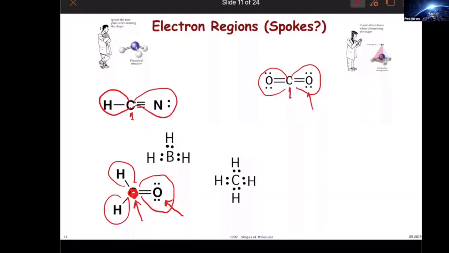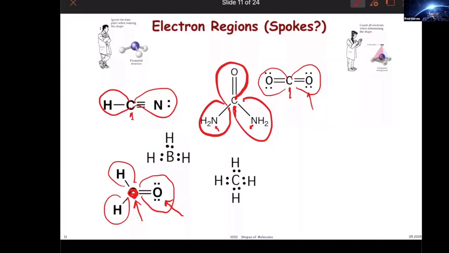It's always the central atom that dictates the geometry. Here, this is urea. There are actually multiple central atoms, the nitrogen and the carbon, but we're paying attention to this carbon, and you can see there are 3 domains around that carbon. It's really that easy in terms of counting domains, or regions of electron density.